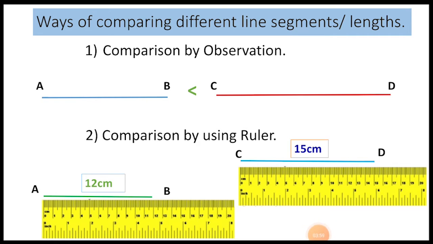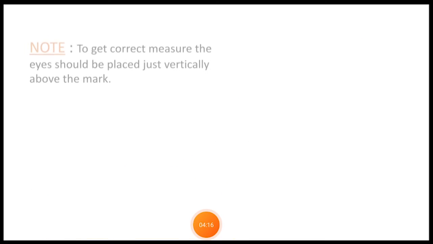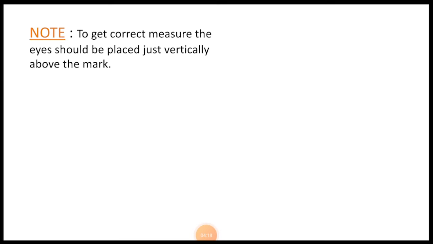So now with this you can tell that this 12 centimeter line segment is smaller than the line segment which is of 15 centimeter, that is CD. Okay, so we can say this CD line segment is greater than this AB line segment. Fine. Now come to the problem which we can face when we do the comparison of line segments using a ruler.